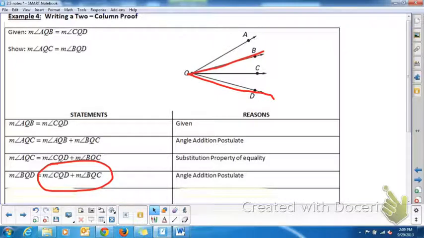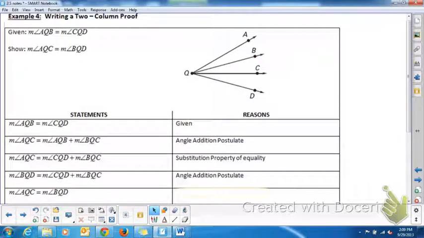Then finally, our next step. If we knew that AQC was equal to CQD plus BQC, and we knew that BQD was equal to CQD plus BQC, then we can say they're equal to each other.